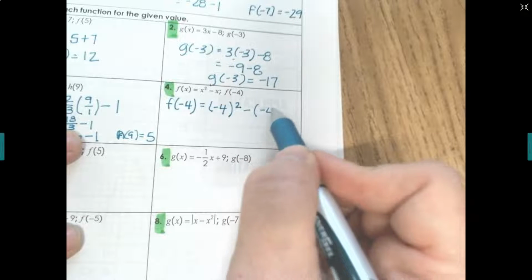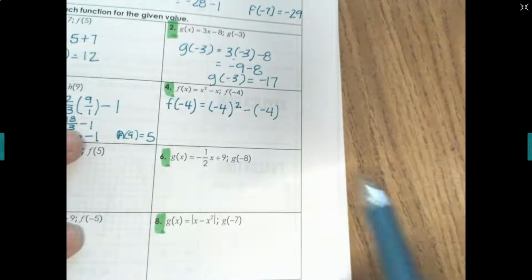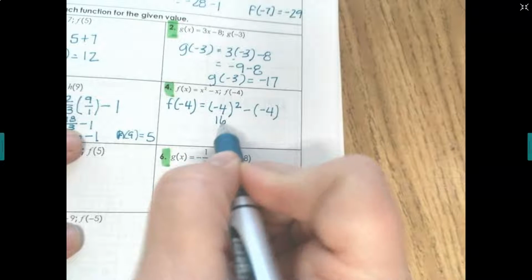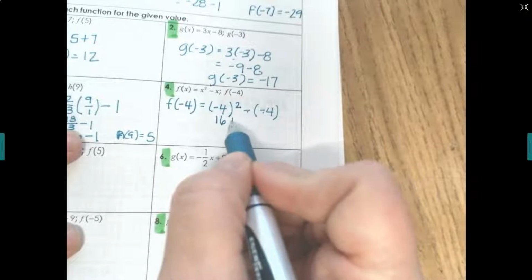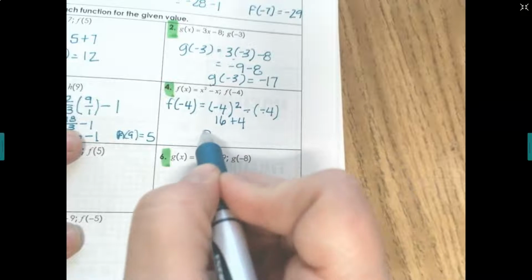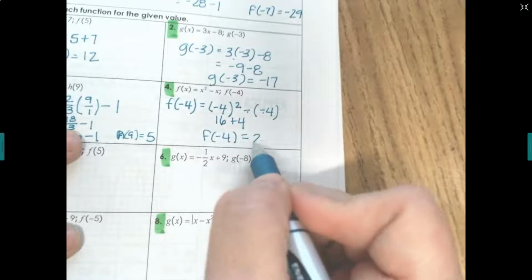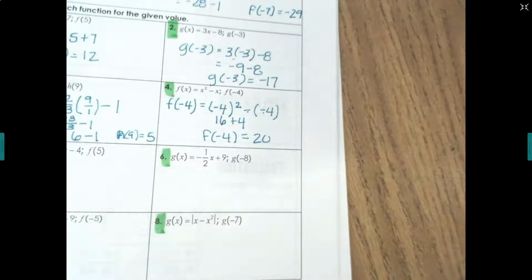Minus negative 4. So negative 4 squared is 16, minus a negative 4 is plus 4. So f of negative 4 equals 20. All right, let's try a few more of these.